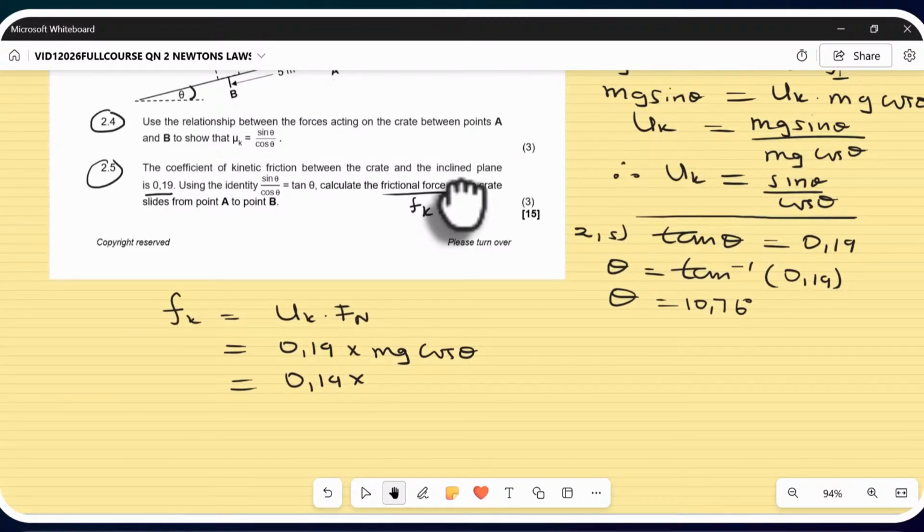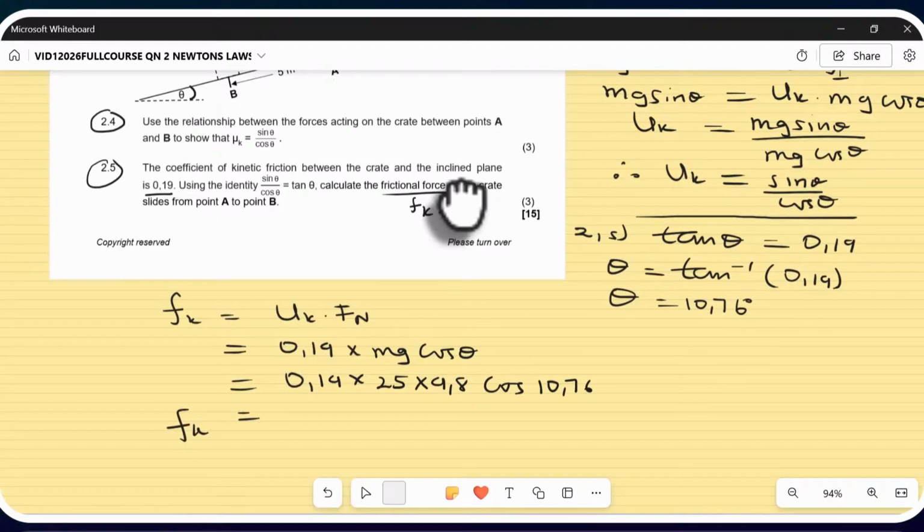Calculators, what do you get? My calculator gives me 45.73 newtons.